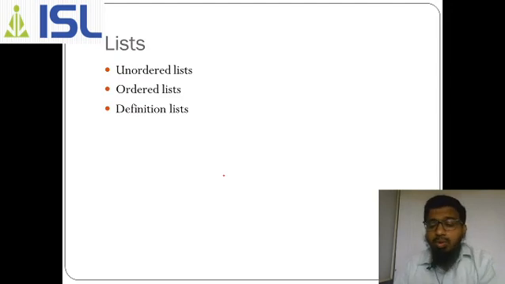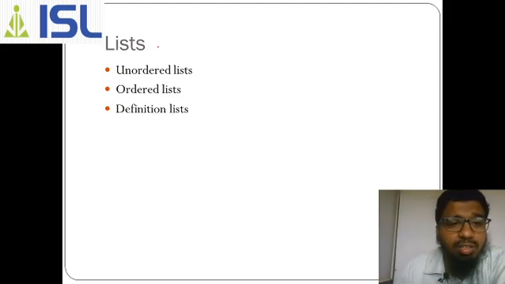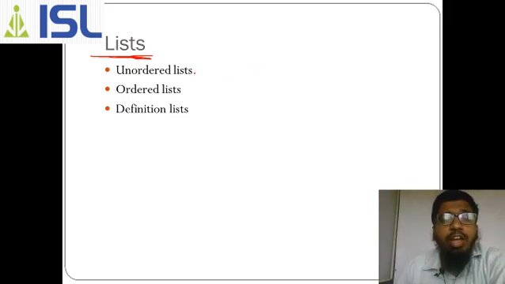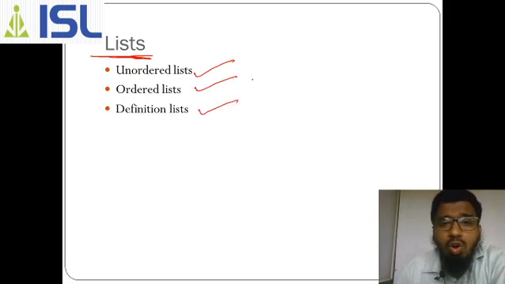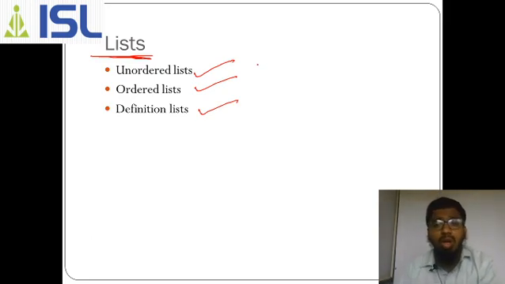Fine. So now the next one is list. On the website we will get lists, and lists are divided into unordered list, ordered list and definition list. What is an unordered list? Unordered list means it will be displayed like this. Can you see the points? Ordered list means there will be 1, 2, 3, 4.